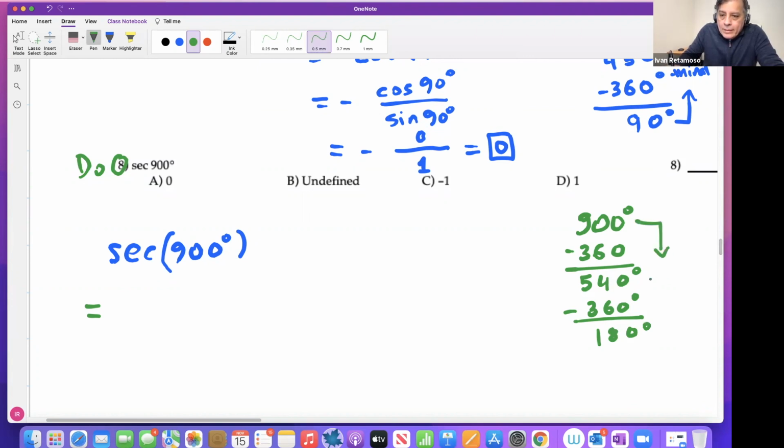These two are coterminal, so trigonometrically speaking, the same. So this will be secant of its coterminal angle 180.